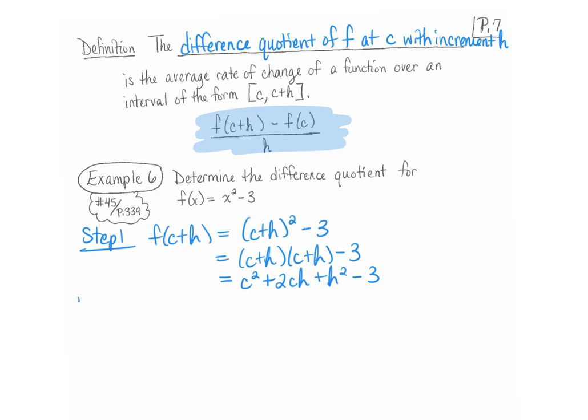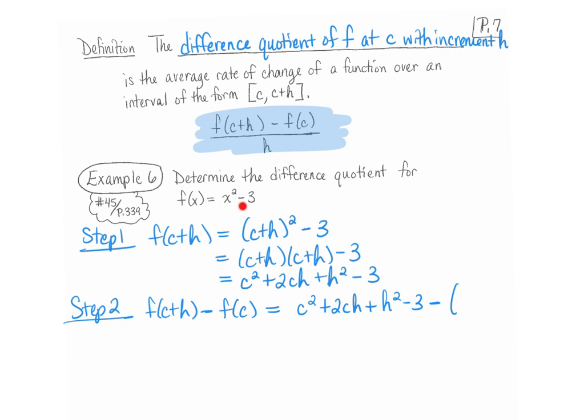Step 2, we find f of c plus h minus f of c. We found f of c plus h in our numerator, so we're just going to take what we ended with, c squared plus 2ch plus h squared minus 3, and we're going to subtract from that the quantity we get when we substitute in c here. When you substitute in c here, what do you get?